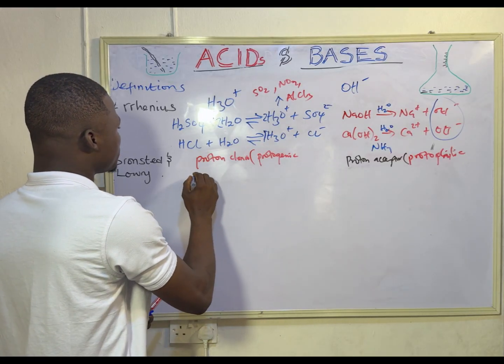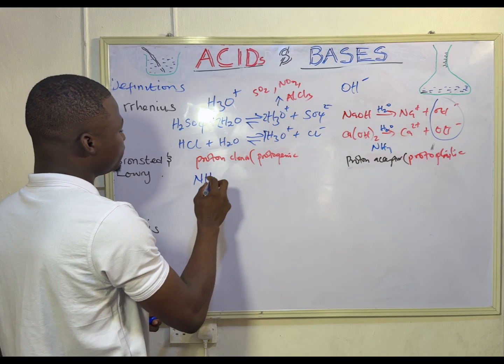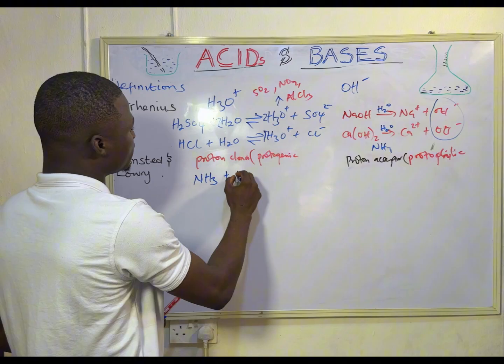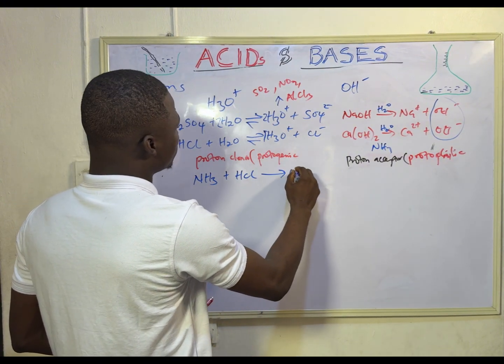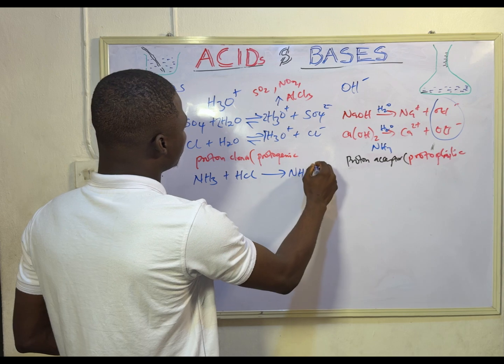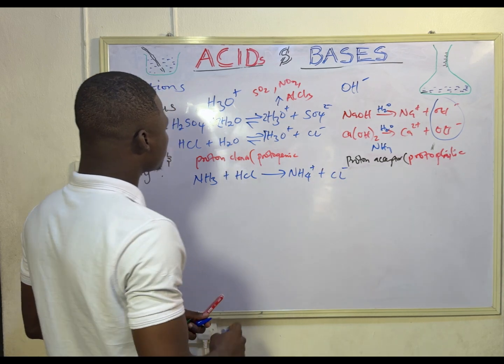Okay, a typical example is NH3 plus HCl to give NH4 plus and Cl minus.